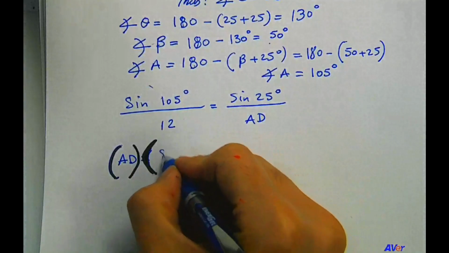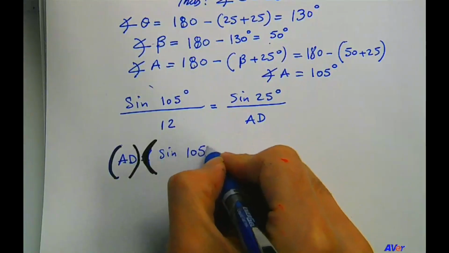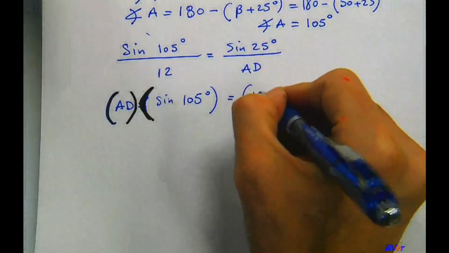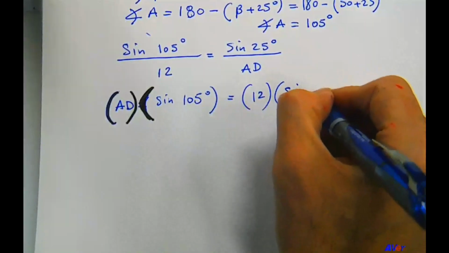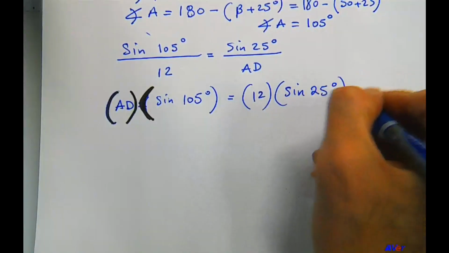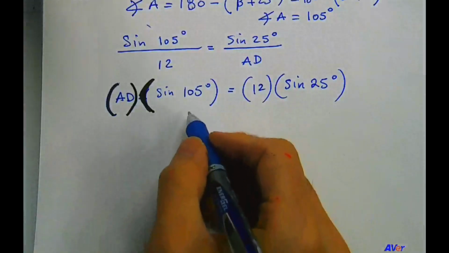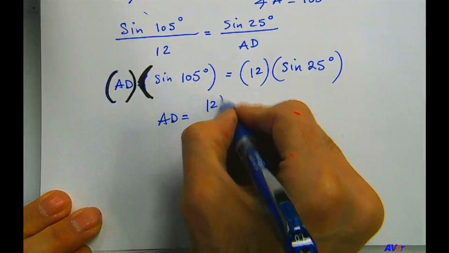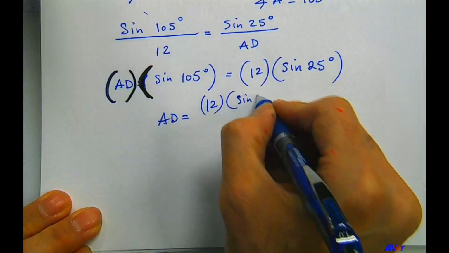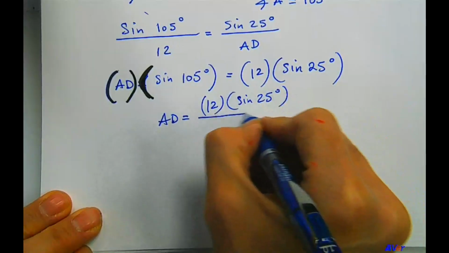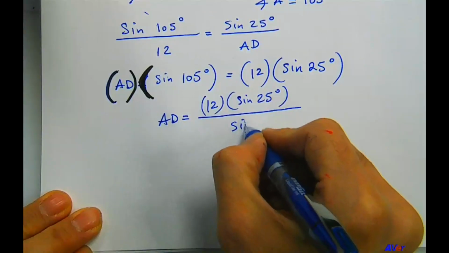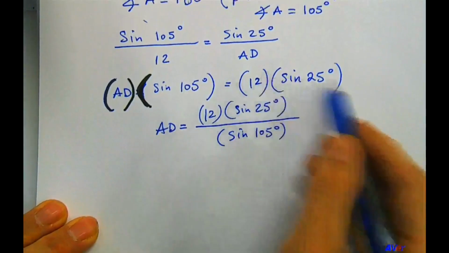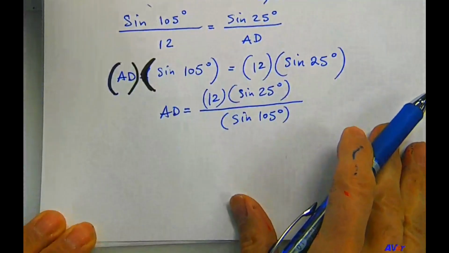So AD times sine of 105 equals 12 times sine of 25. Therefore, AD is like that, right? All of this divided by sine of 105.